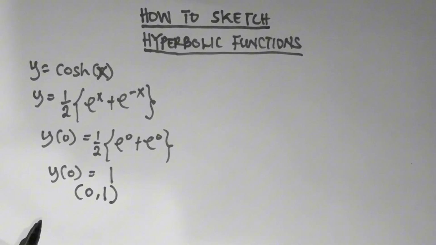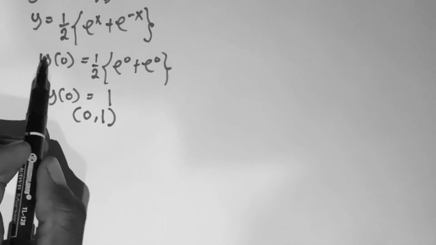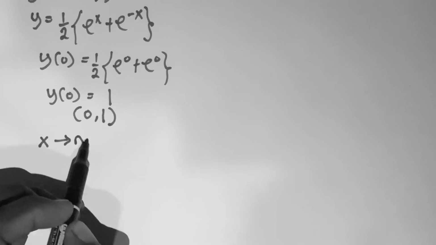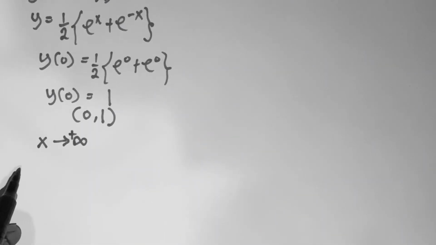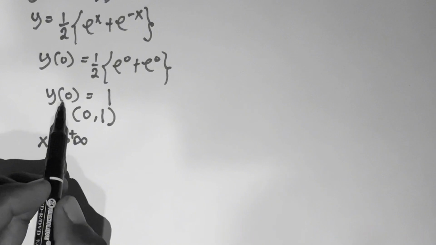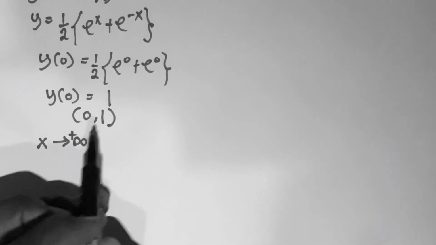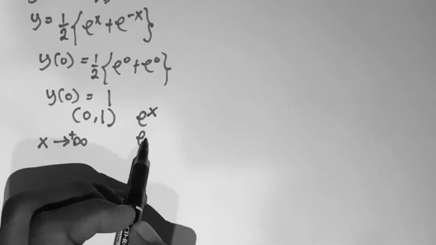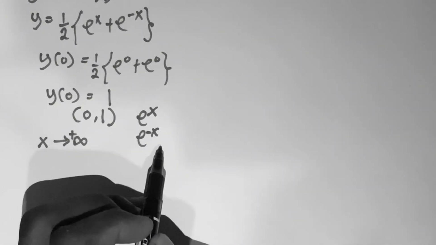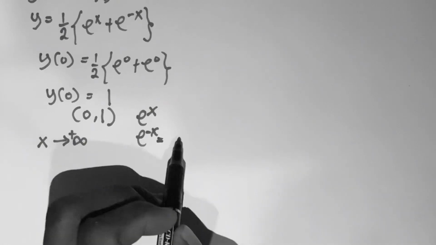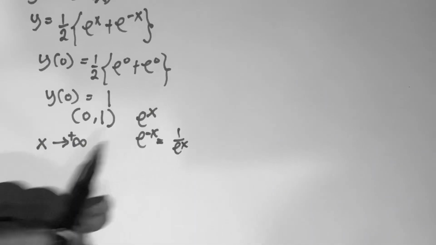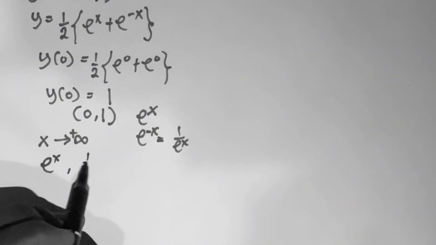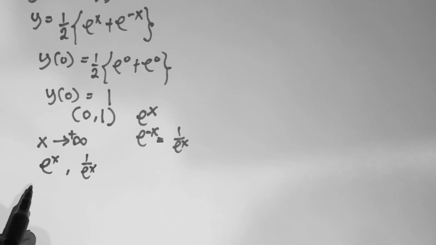Now, let's look at limits at infinity. As x approaches positive infinity, what happens to y? Let's talk about these two functions, e^x and e^(-x). I want to write e^(-x) as equal to 1 over e^x. So in reality, we are dealing with e^x and then 1 over e^x.